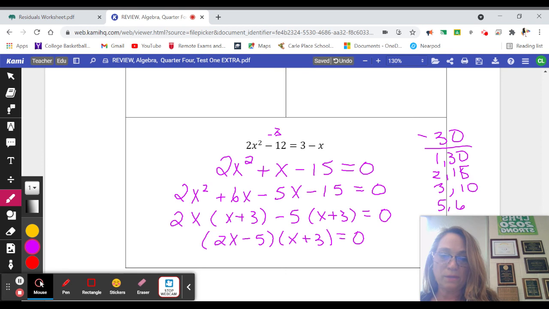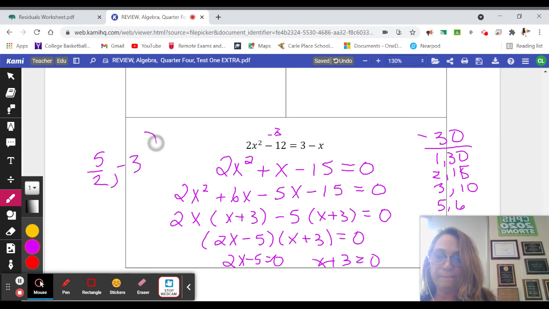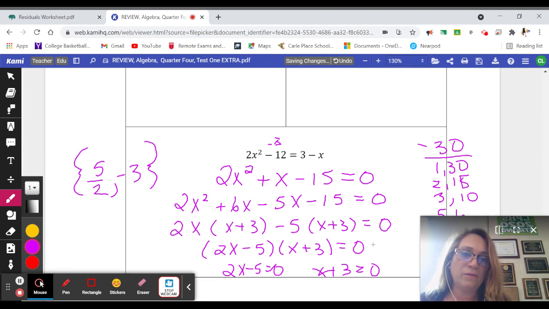So 2x minus 5 equals 0. That is going to give me 5 over 2. x plus 3 equals 0. That's going to give me negative 3. Ta-da! All right.